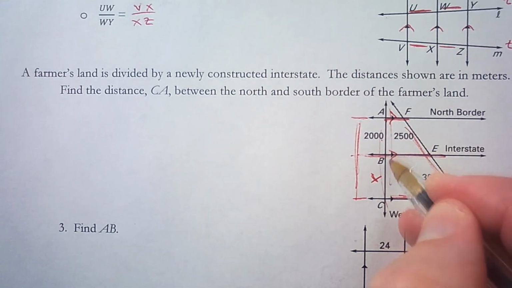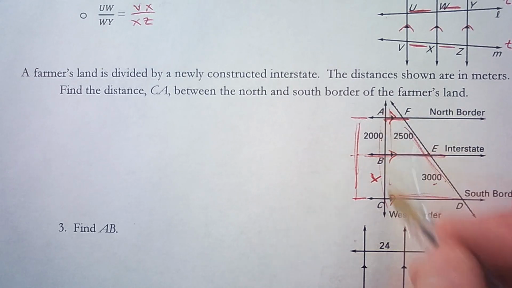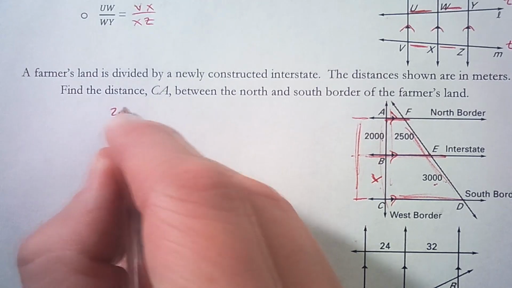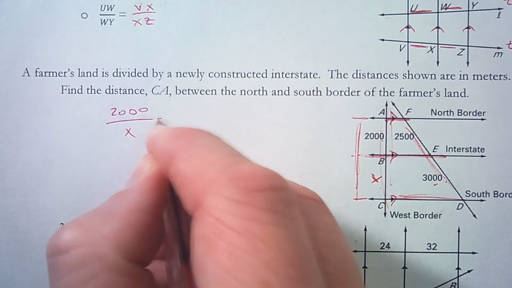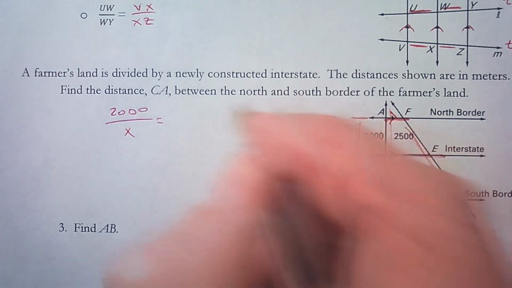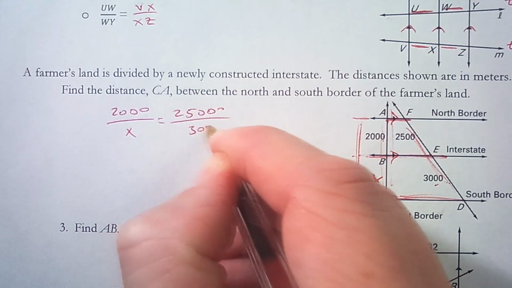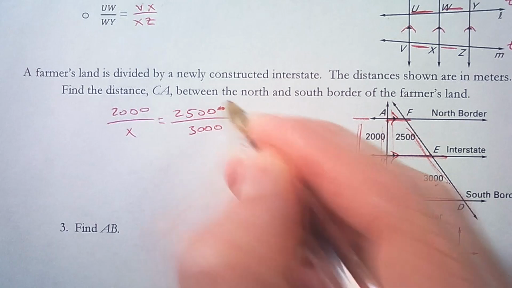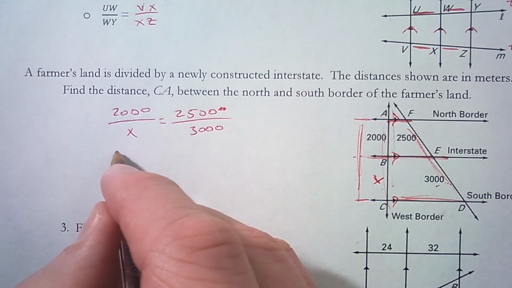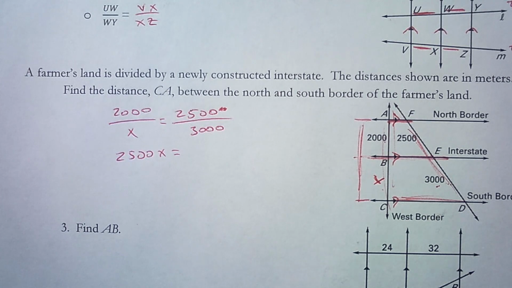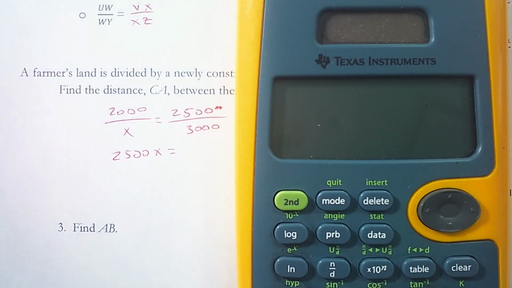We have three parallel lines intersected by two transversals, so these are proportional. So 2000 is to X as 2500 is to 3000. We'll do our cross products and we get 2500X equals 2000 times 3000.